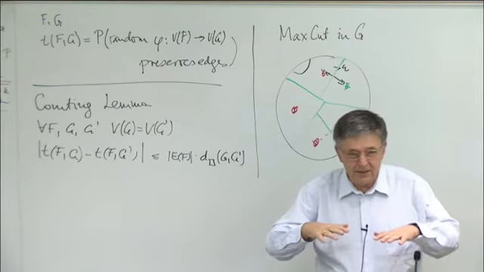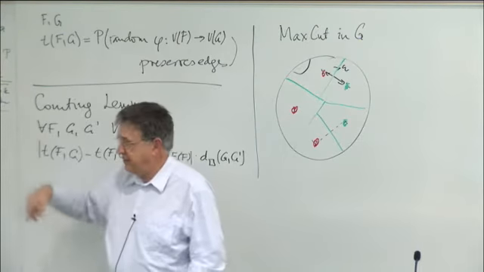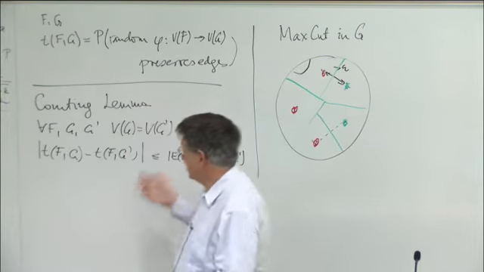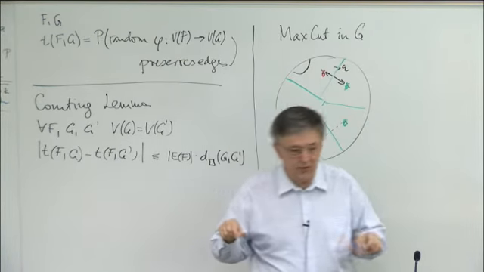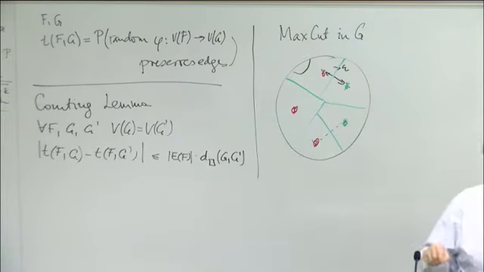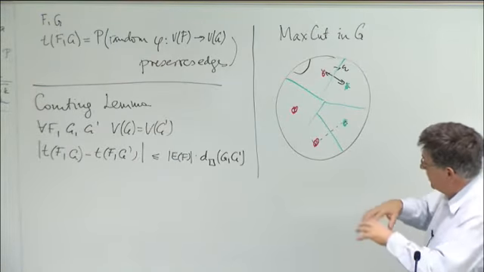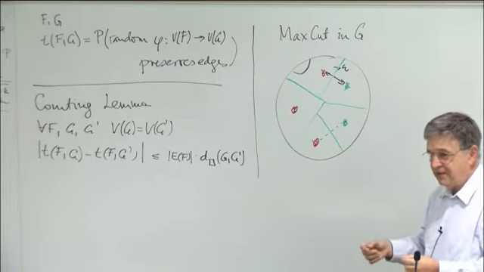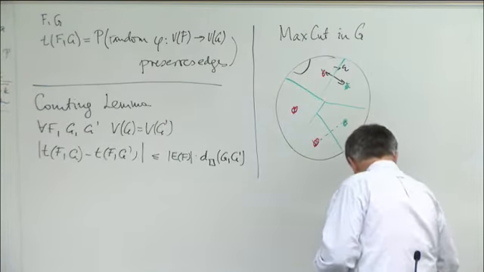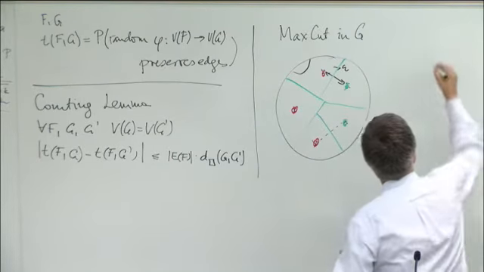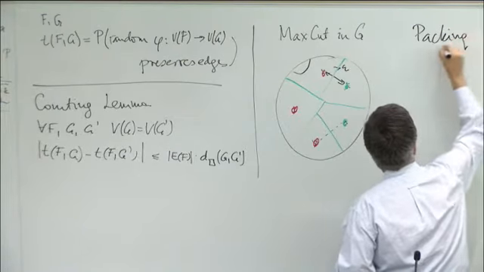Now, if the metric space is one-dimensional, then you only need 1 over epsilon points, or in other words, you can pack at most 1 over epsilon points so that the distance of any 2 is at least epsilon. If it's two-dimensional like the sphere, then you get 1 over epsilon squared. So this is a notion of a dimension, which is actually called the packing dimension. It can be defined for every metric space.